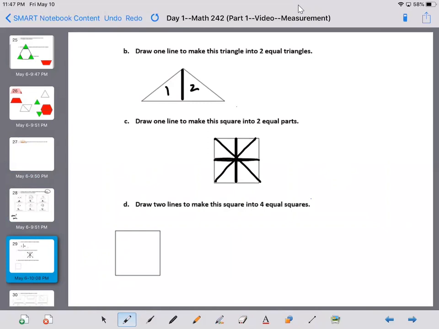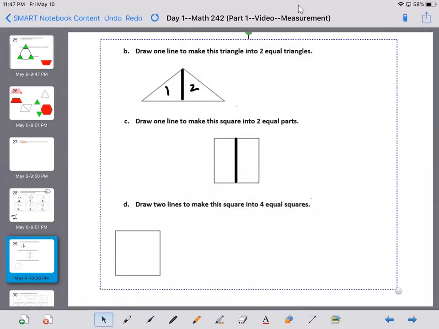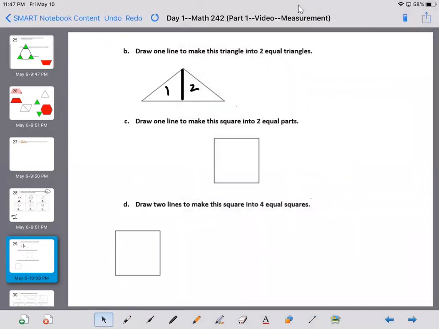So you can see that you have multiple ways if you were going to draw that in 2 parts. So again, you can go from diagonal here, you've got the other diagonal. That's 2 different ways. And then you've got your horizontal way to subdivide it into 2 parts. And then you've got your vertical piece to separate it into 2.